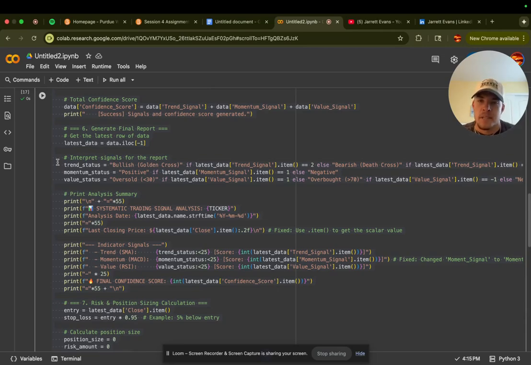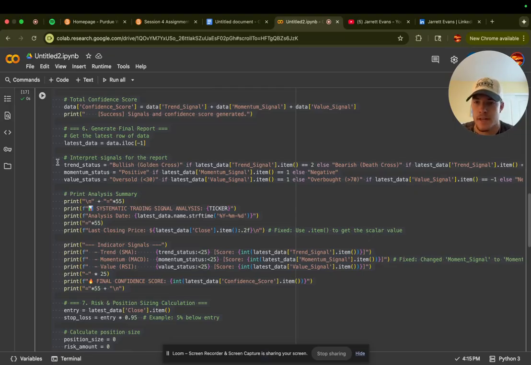Let's say we decide to take a trade. We'll look at the risk and position sizing recommendation. So like I said initially, with a $100,000 account and risking 1%, our maximum loss is capped at $1,000.